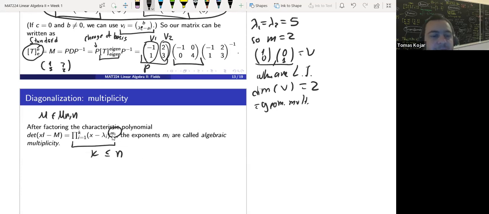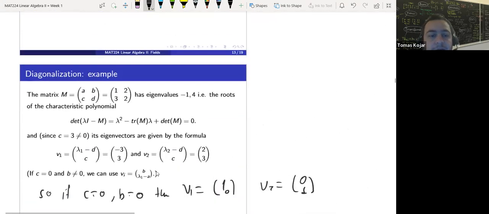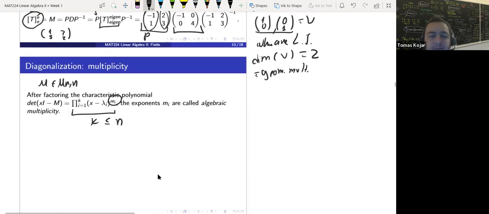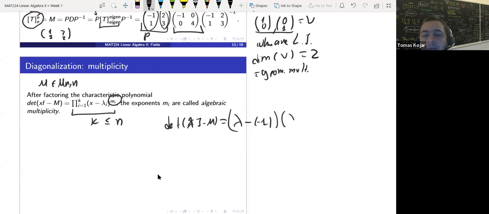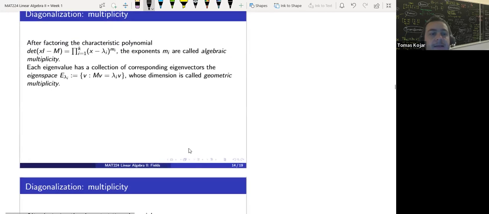They are the number of times each eigenvalue shows up in the polynomial. In the previous example, the determinant of lambda I minus M was (lambda minus 1)(lambda minus 4), so m1 is 1 and m2 is also 1. That's algebraic multiplicity, and then geometric multiplicity is where you compute the space of eigenvectors.